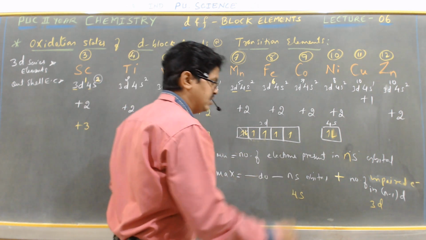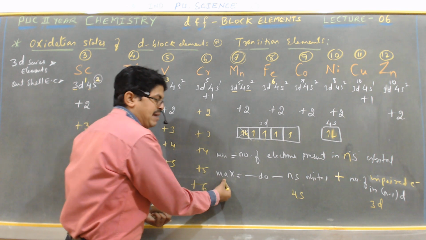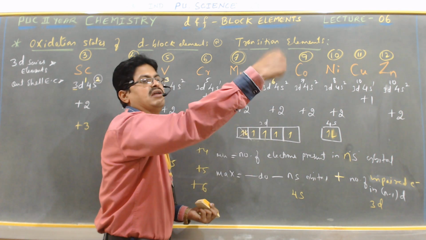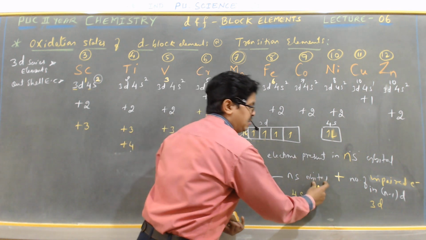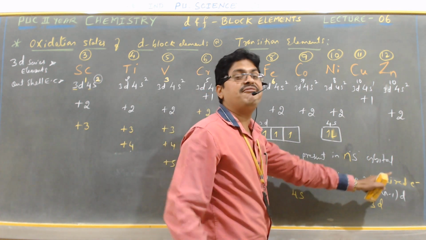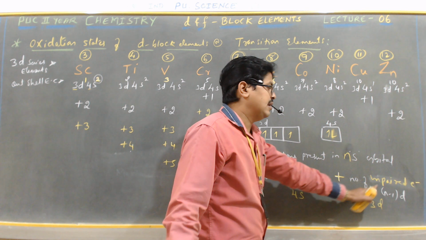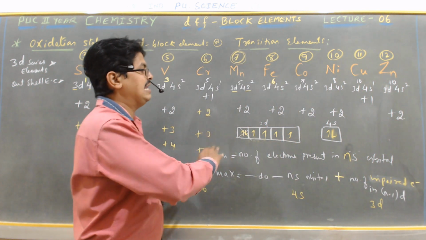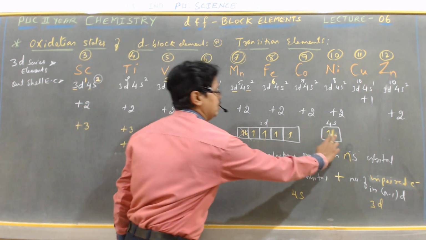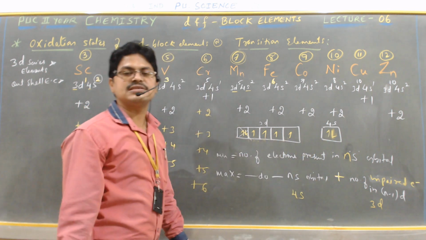Okay, fine. That is how I make the formula: the maximum oxidation state from iron onwards is the number of electrons present in the ns orbital plus the number of unpaired electrons in the n-1d orbital. Only unpaired electrons you have to count. 2 plus 4, that is 6.